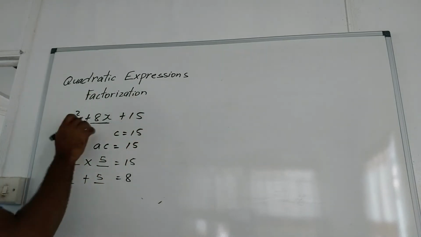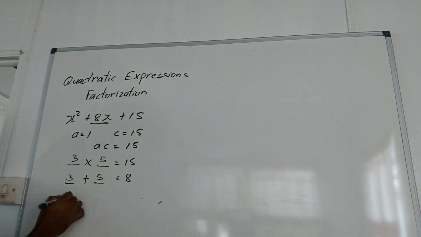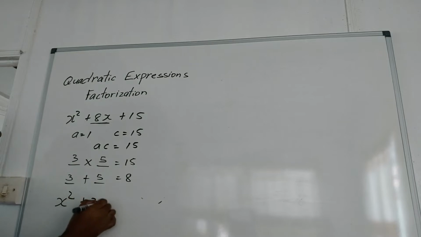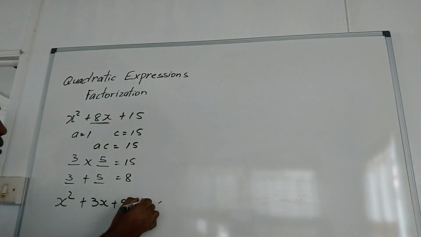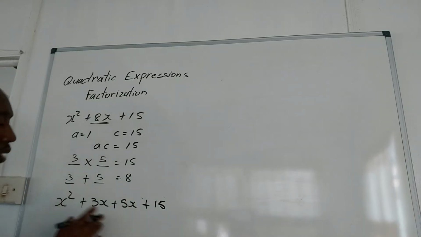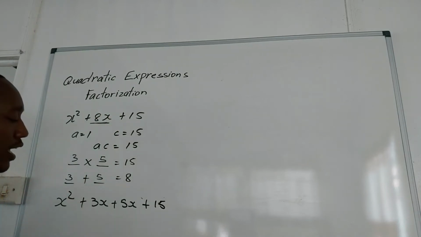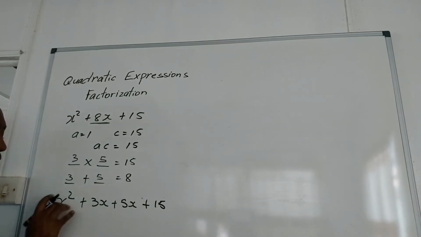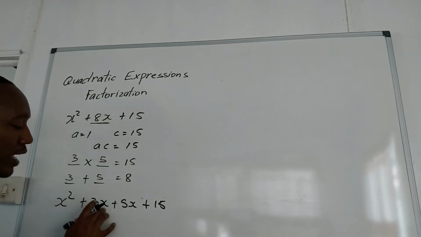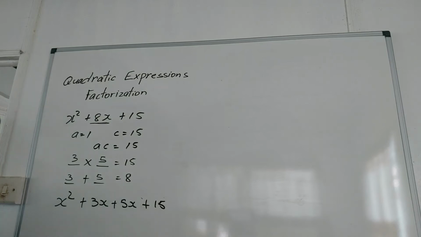So we will write this expression as x squared plus 3x plus 5x plus 15. We're rewriting the value of B in terms of the sum of these two numbers.